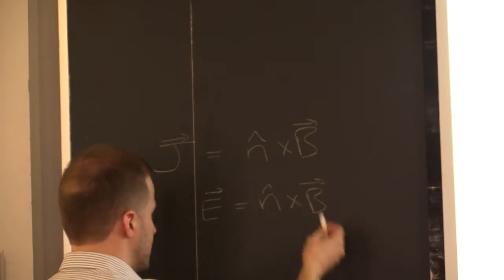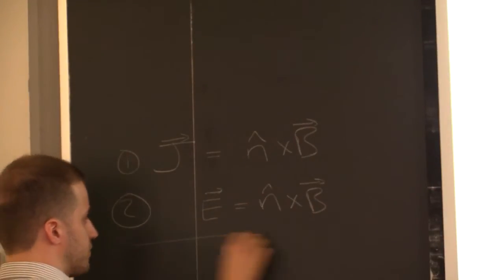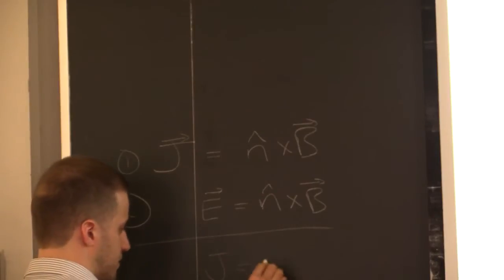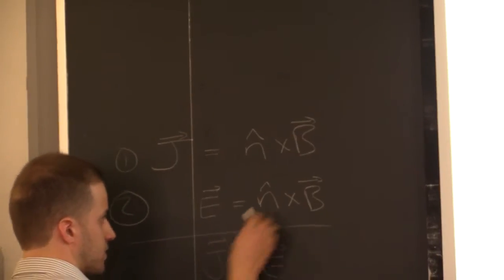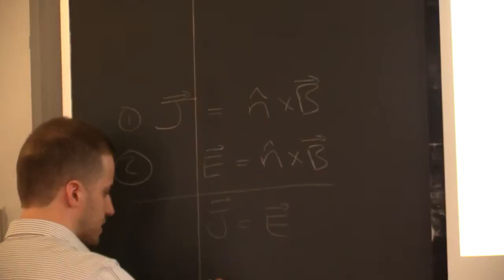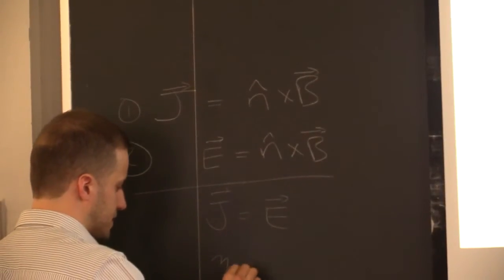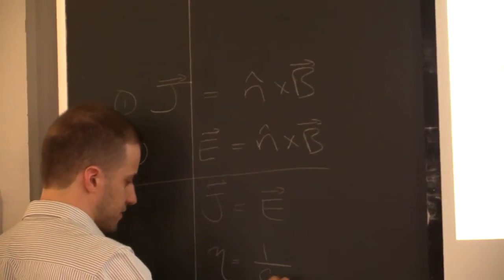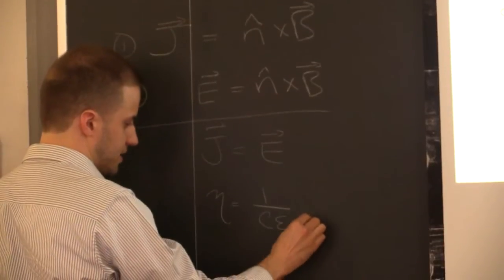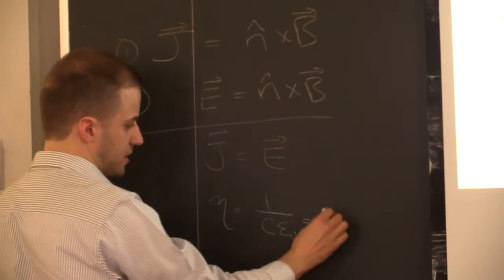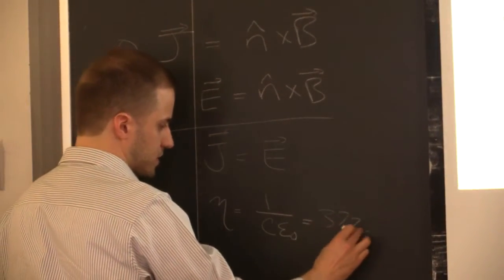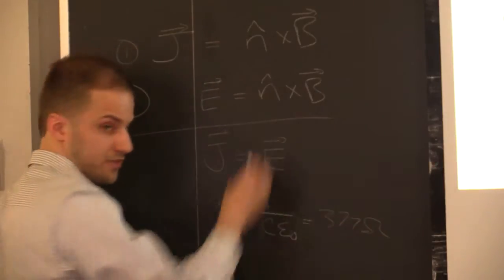When you combine those two facts alone, you just get Ohm's law, and when you put units back in, you find a resistivity of 1 over the speed of light times the vacuum permittivity, and that, if you ever compute it, is 377 ohms. So it's almost trivial. It's really just these two facts.